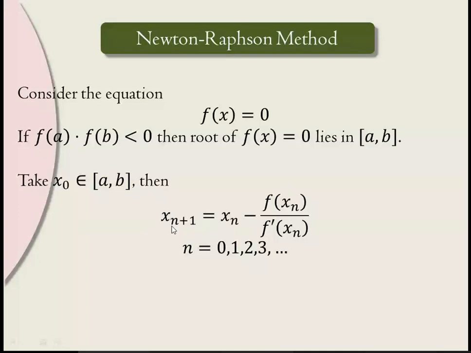Then use that value to get the next term. Use that previous value to get the next term. Like that, we just have to find the values by using the previous points. And how do we get this formula? If we know the definition of derivatives in terms of limits, then what is that definition?